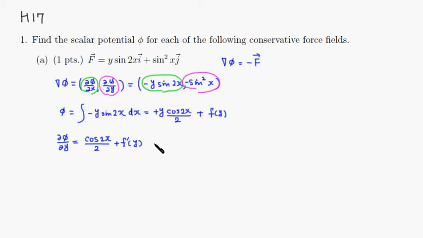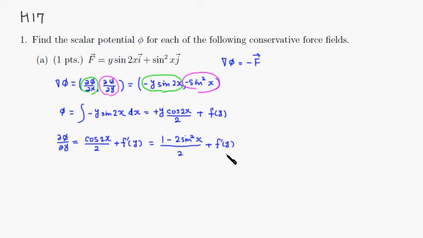Then if you rewrite it, since we have to match that with negative sine squared, remember that cosine 2x is the same thing as 1 minus 2 sine squared of x. So we have that over 2, plus f prime of y.